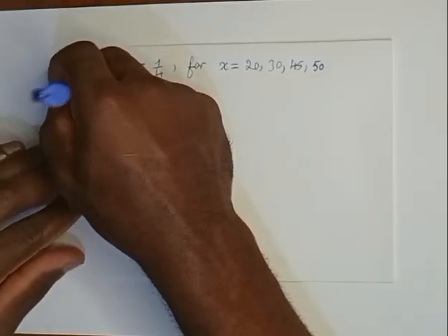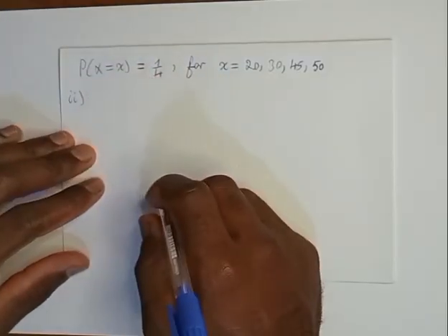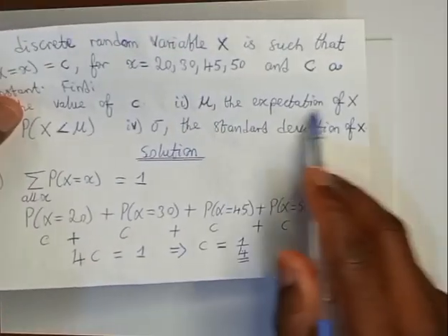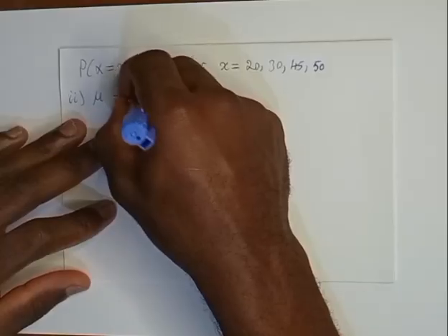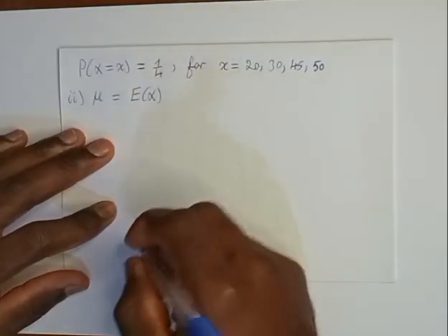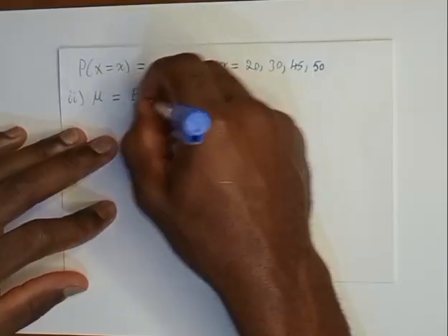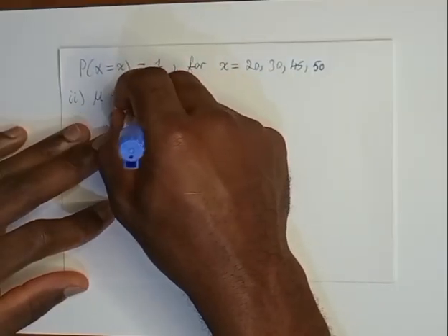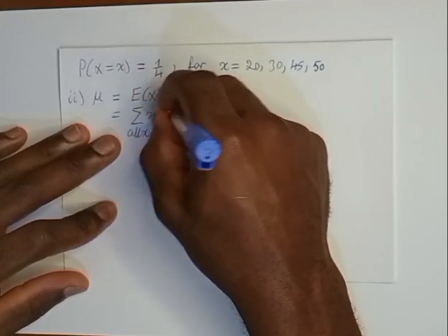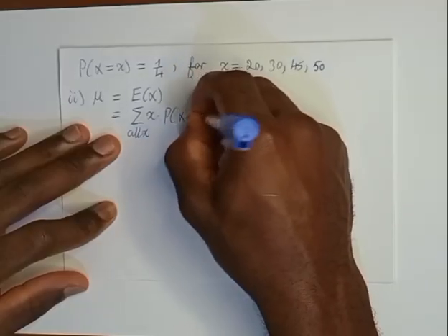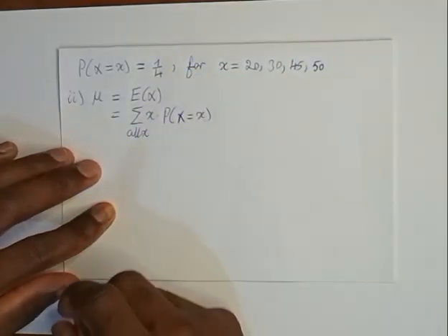Now we move on to question 2(i). We have to find mu, the expectation of x. Mu is simply equal to E of x, and E of x is simply equal to the summation over all x of x times the probability of big X equal to small x.